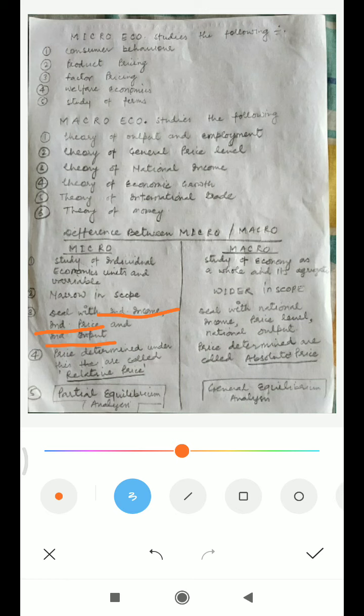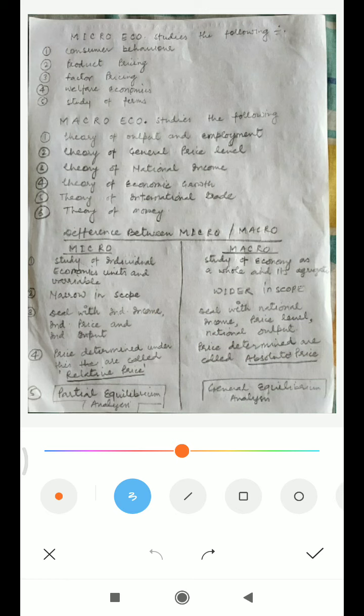Macroeconomics deals with national income, price level, and national output. Getting you all? This is the third point.